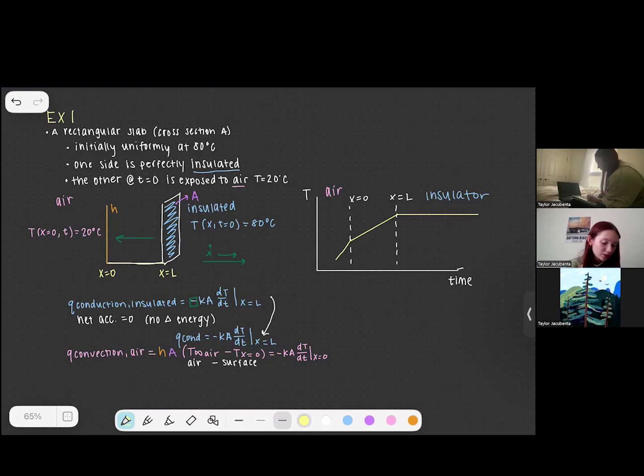And that's denoted like there. And that is how you can show your initial slab conditions on a temperature graph.